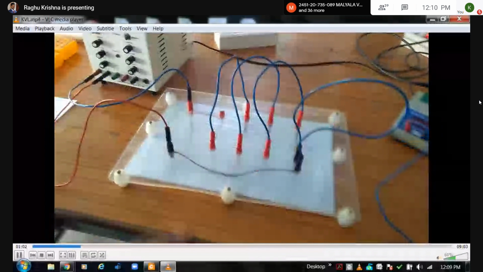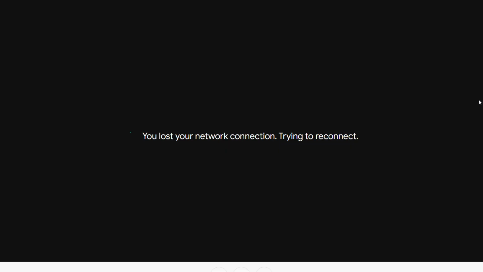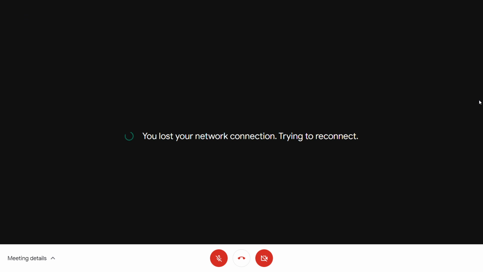First I am applying 5 volts. So this is a voltmeter. By using this I can measure the voltage. Measuring the voltage across R1.